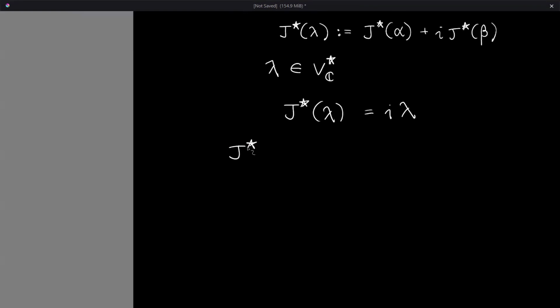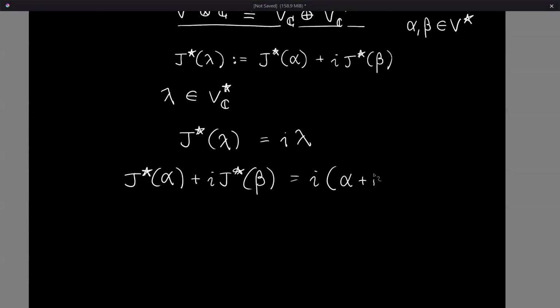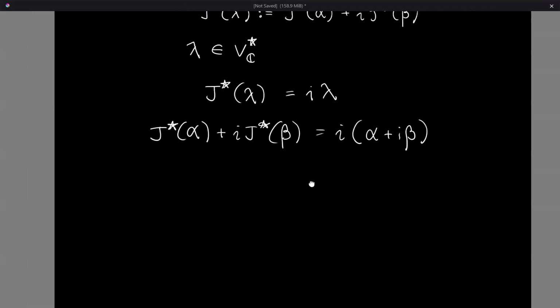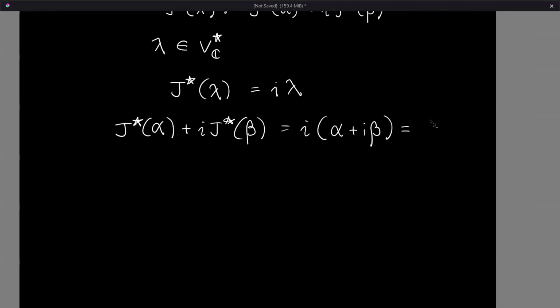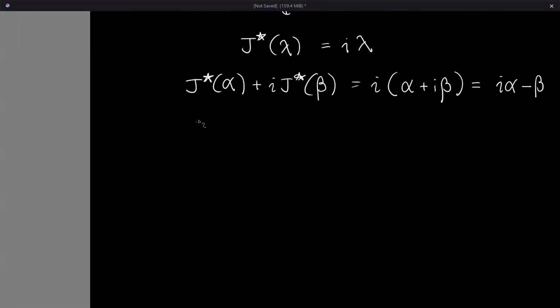So let's expand that out using the definition. J star of alpha plus I J star of beta is equal to I into, and then we expand out the definition of lambda, alpha plus I beta. And we know how to evaluate this. So this is equal to I alpha minus beta. Did I get that right? Yeah. And so if we compare the two sides, we know that for complex numbers, you can't mix them.